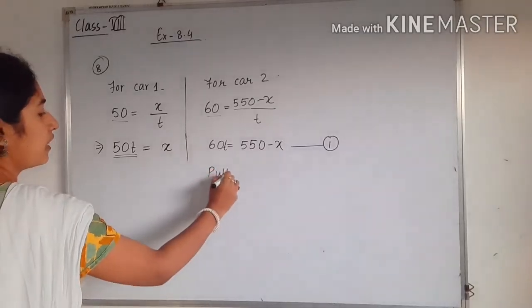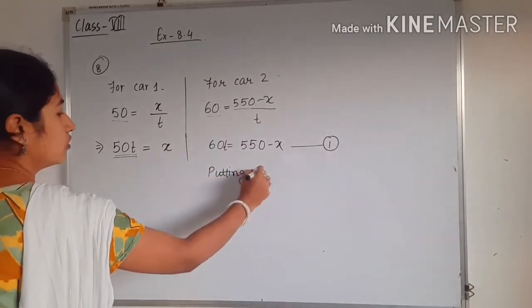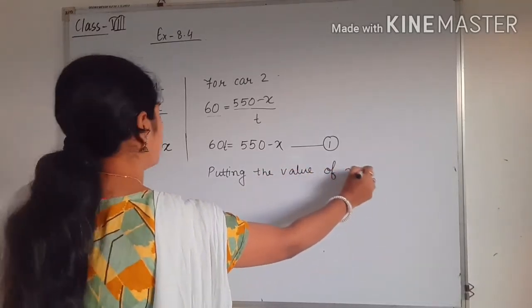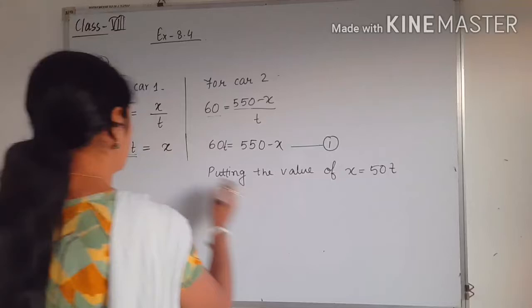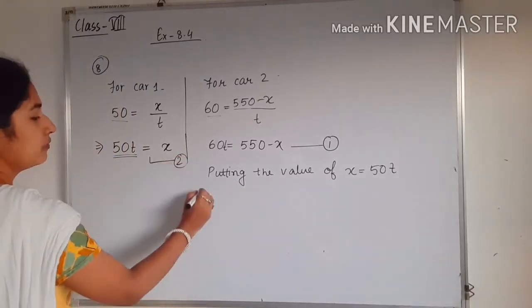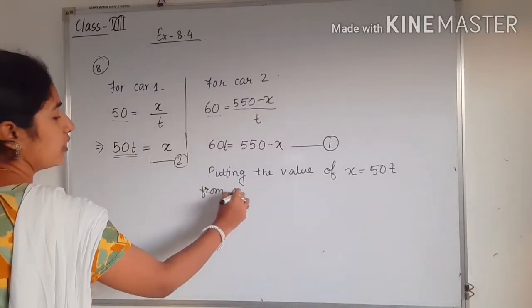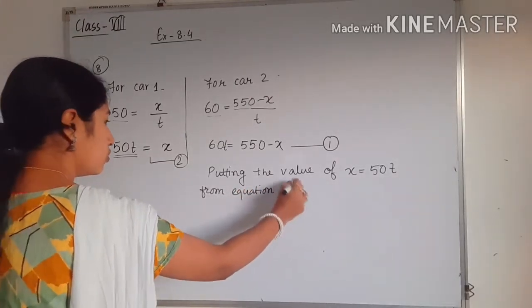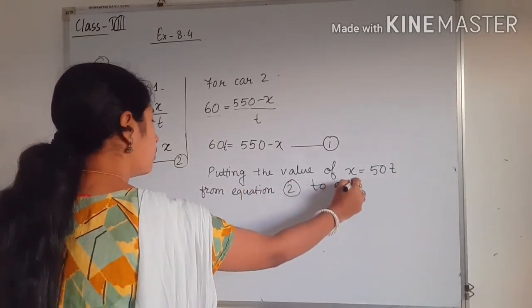of x equal to 50t from equation number 2 into equation number 1.